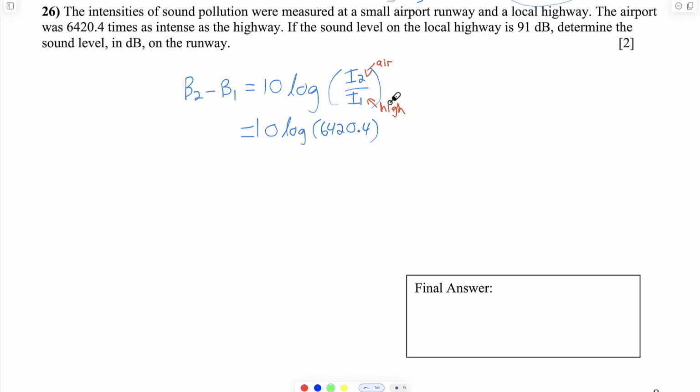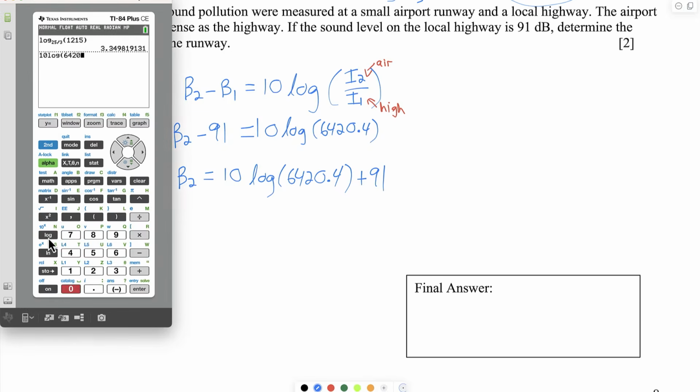Notice the highway corresponds to intensity 1, so I must replace beta 1 with 91 decibels, and determine the sound level of the runway at the airport. So I'm basically solving for beta 2, just add the 91 to the other side. I get about 129.1 decibels.